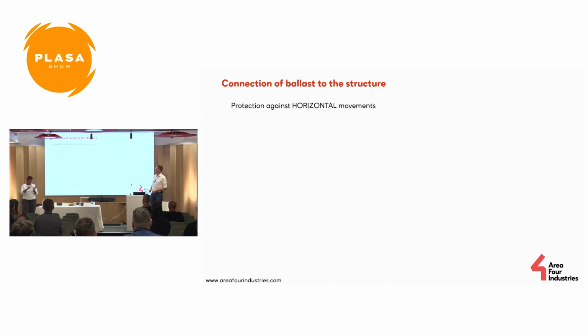So when you want to protect against the horizontal movements, first the ballast should be placed directly in contact to the tower and not even 1 centimeter afar. Because otherwise, first the base will move this 1 centimeter until it's touching the ballast, and then it's activating the ballast.